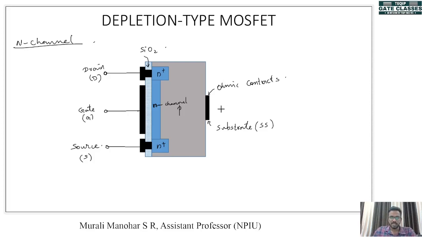Now normally MOSFET is a 3-terminal device. We connect this substrate to the source and make it a 3-terminal device. But for some discrete devices, this substrate is also a terminal. So we have 4 terminals. Now this is the construction of a depletion type N-channel MOSFET.